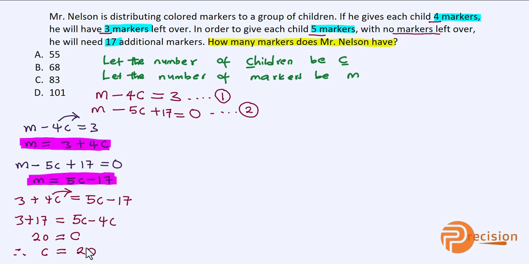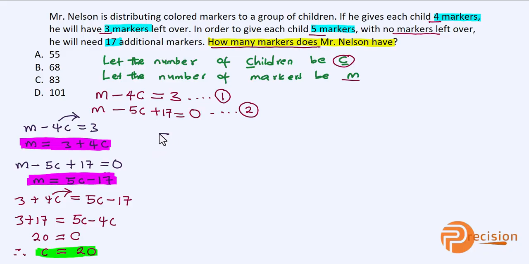Now remember, what is C? C is the number of children. That is not what we are meant to solve. We're meant to solve for how many markers, and that's M. But for the fact we have C, that's a big achievement. Let's go ahead and solve for M. To solve for M, you have to substitute C into any of the equations, whether equation 1 or equation 2.